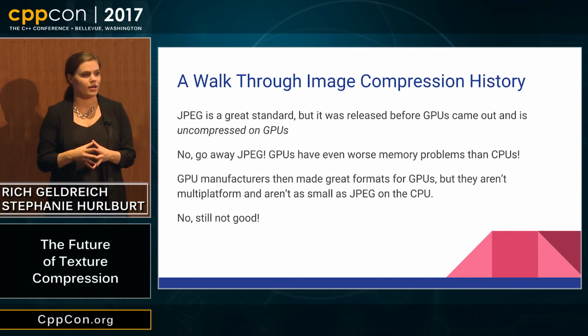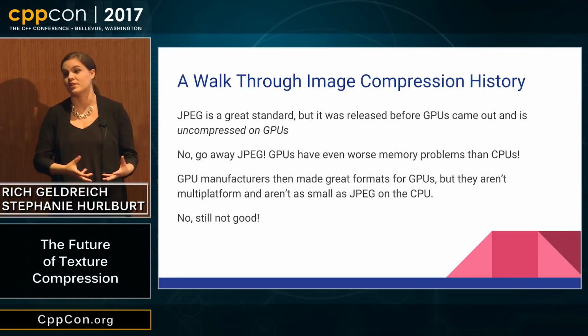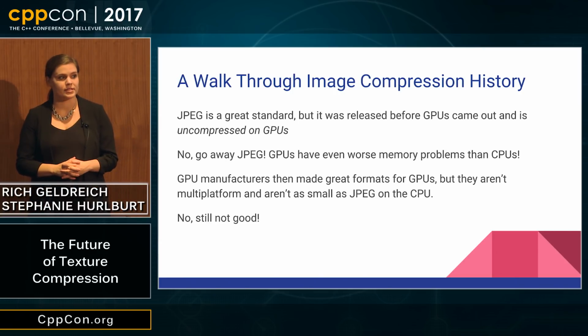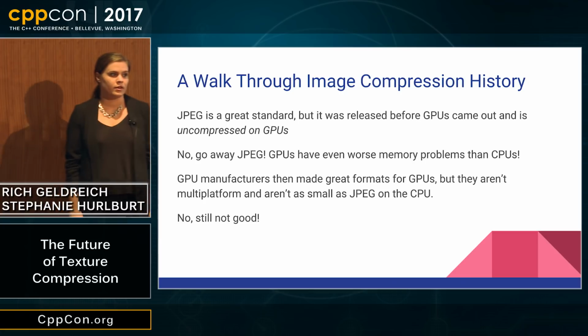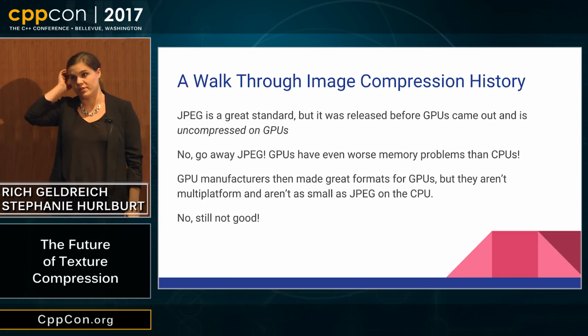JPEG is actually really good for compression. JPEG is great in terms of CPU-side storage. It does a good job, but it's uncompressed on GPUs. It was invented before GPUs came out, and it didn't consider a lot of those concerns. So that's not good. GPU manufacturers tried to solve this problem.